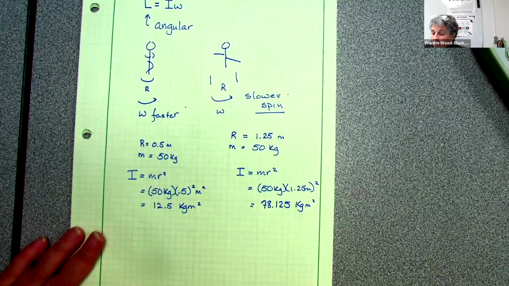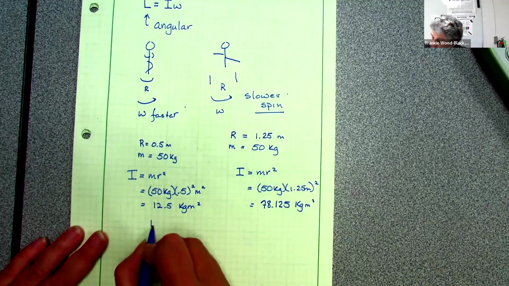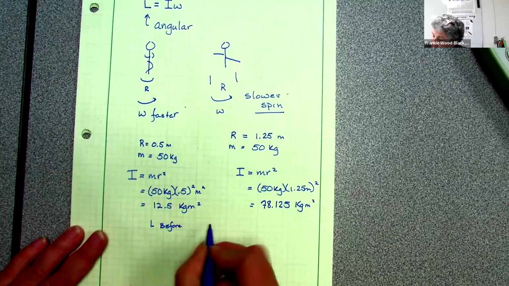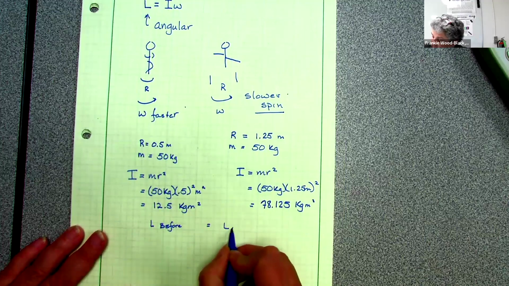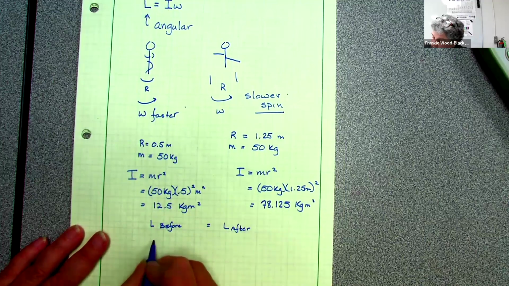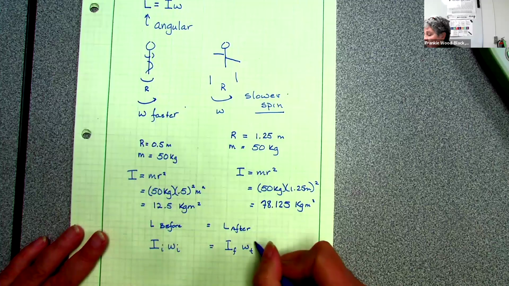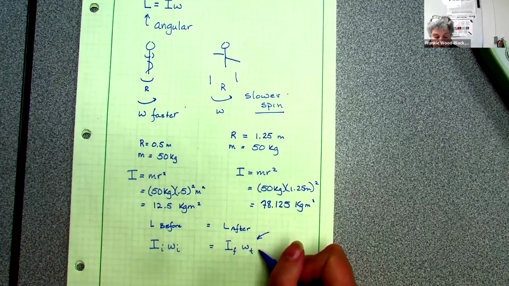Now, this is the same person, so the angular momentum before has to equal the angular momentum after. So we have I initial omega initial equals I final omega final. And we want to know the new speed.